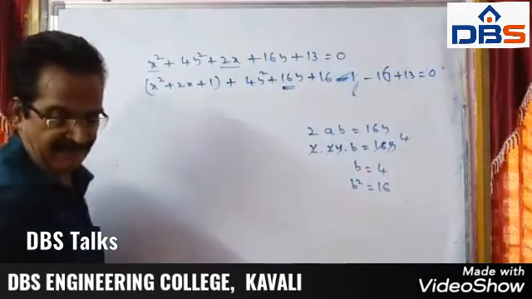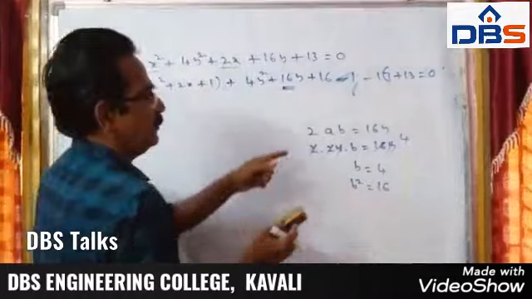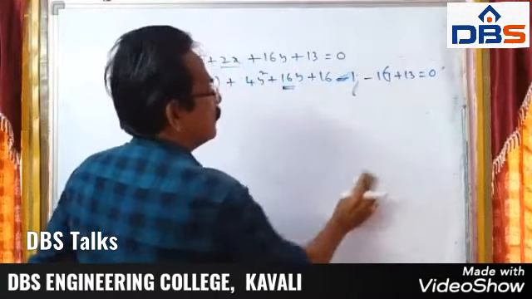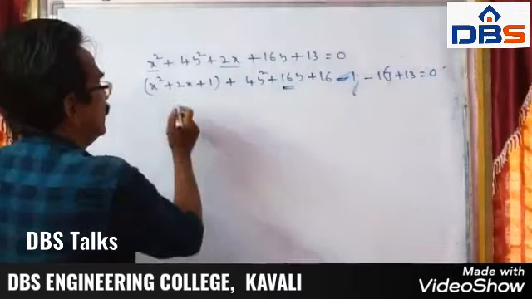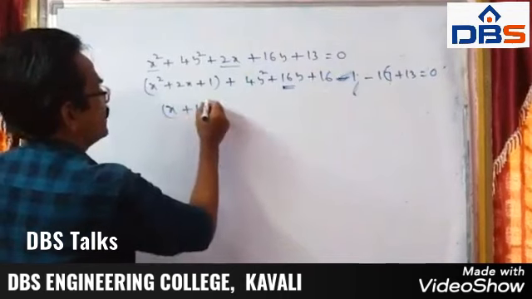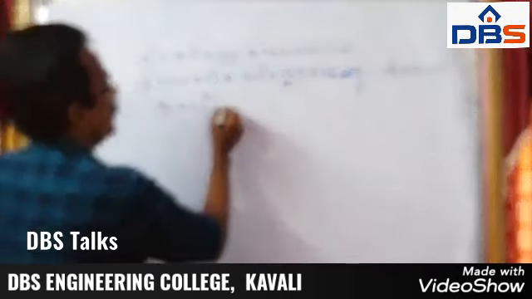So now the given equation reduces to, okay friends, shall I erase this? This is x plus 1 whole square.